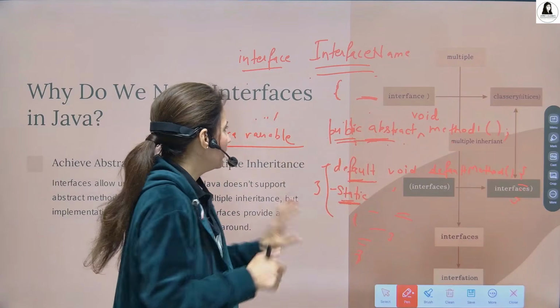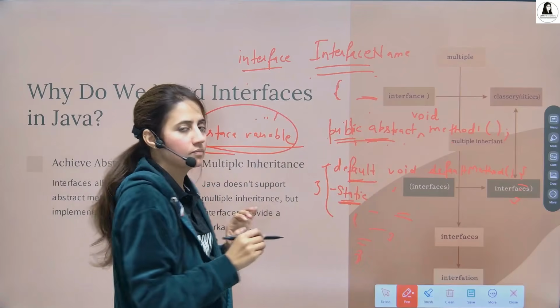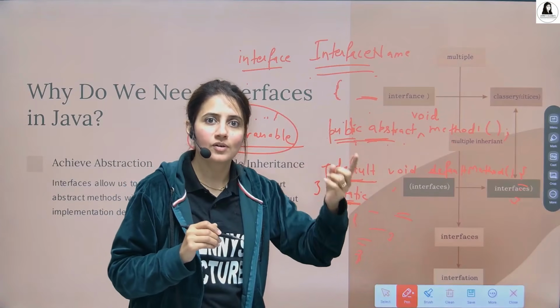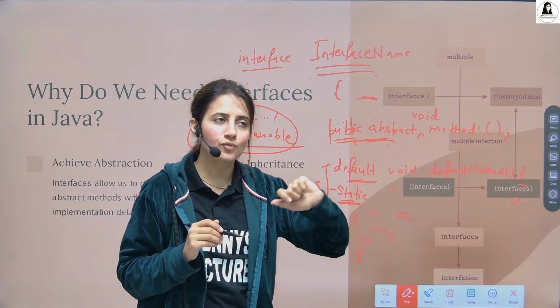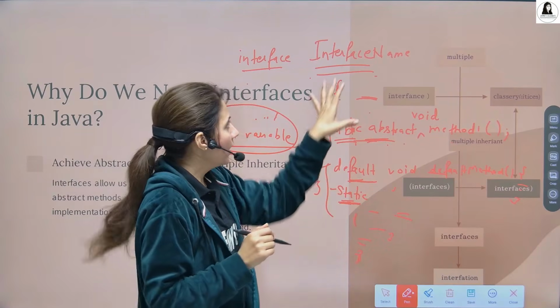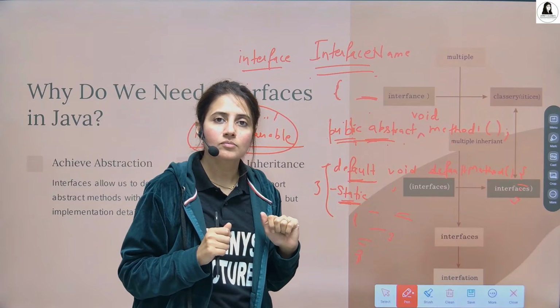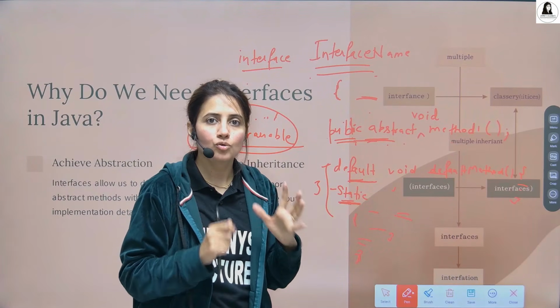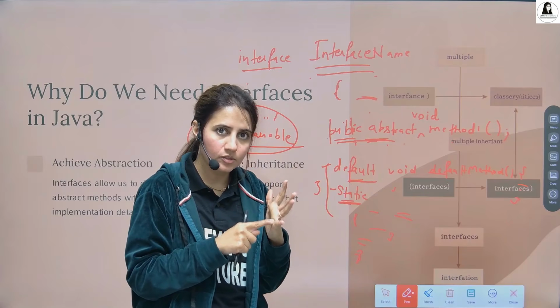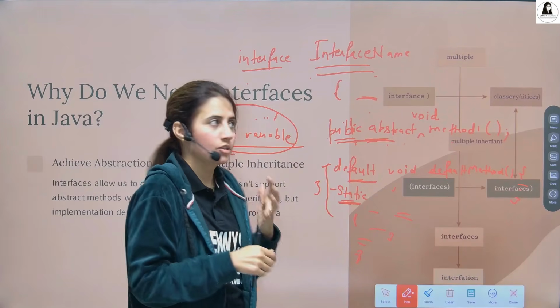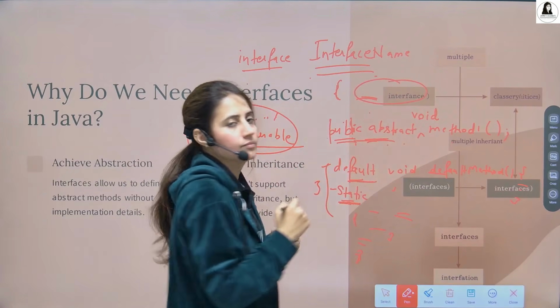But in interfaces there are no instance variables. But yes, in interfaces we can have constants, those that are static and final. Some constant value we can have here.